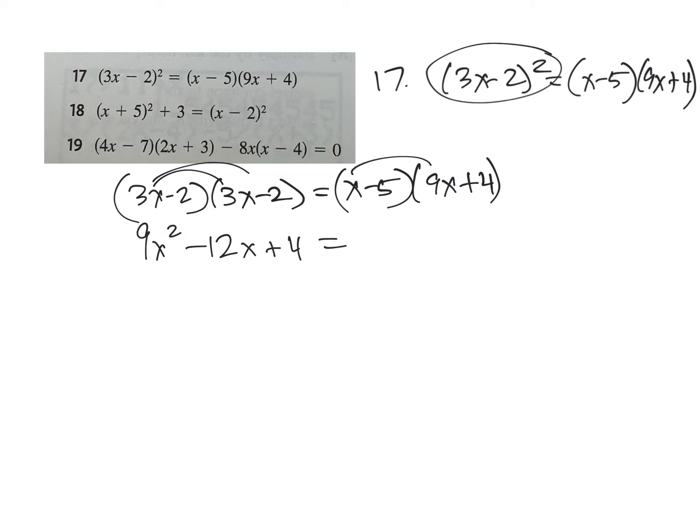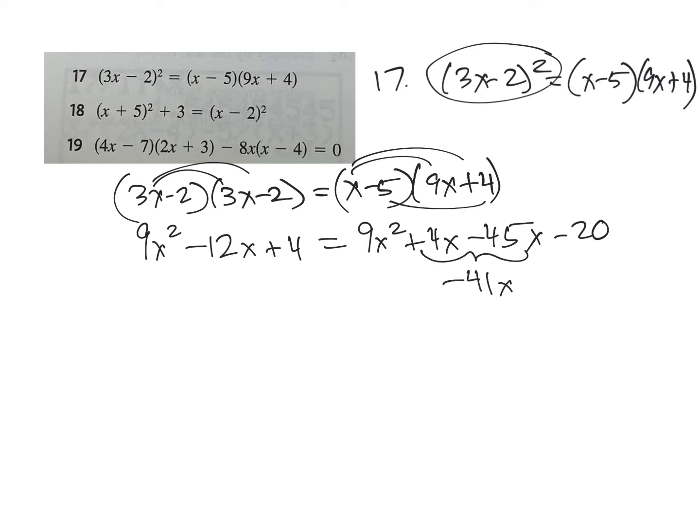And over here we have 9x squared plus 4x minus 45x and minus 20. All right. These two will go together and give me negative 41x. So if I subtract 9x squared, the x squareds go away. So I have negative 12x plus 4 equals negative 41x minus 20.